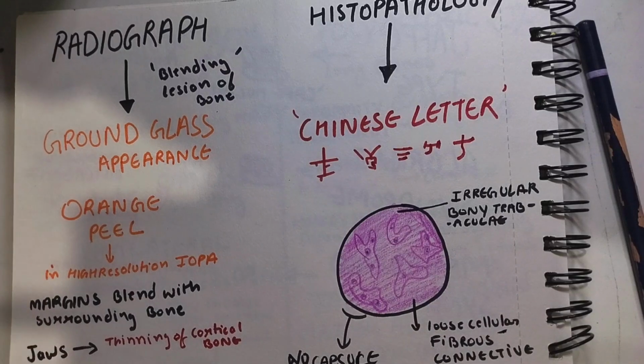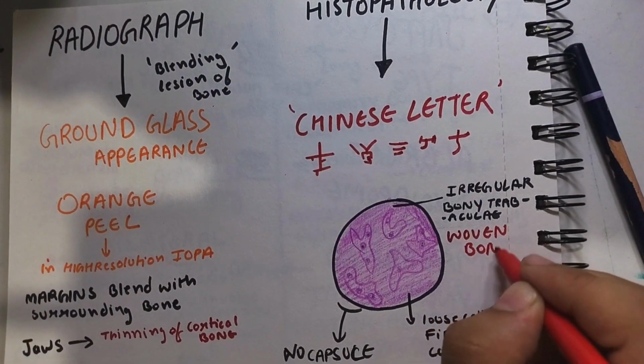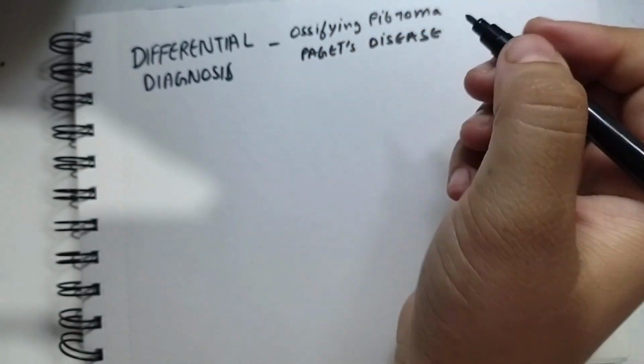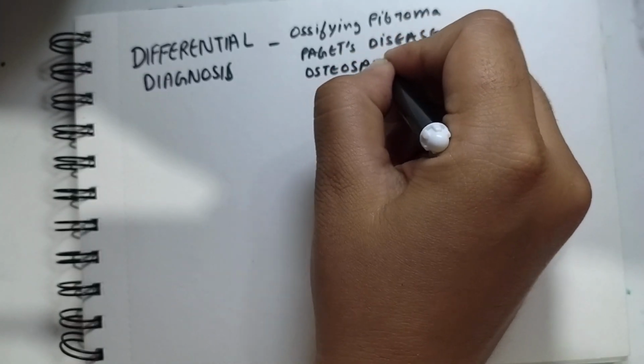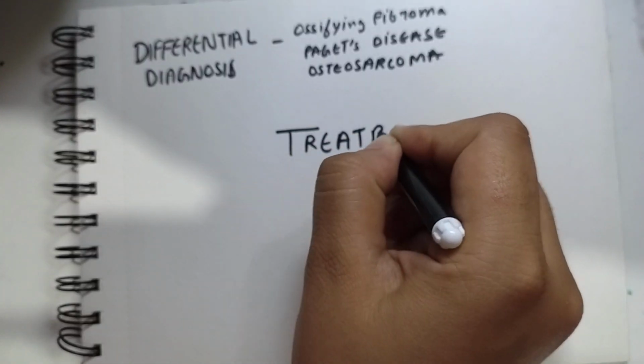So there is no osteoblastic rimming. But where there is some disease which does have osteoblastic rimming, do you know, guys? It is ossifying fibroma, which comes in the differential diagnosis, which is fibroma, Paget's disease, osteosarcoma.